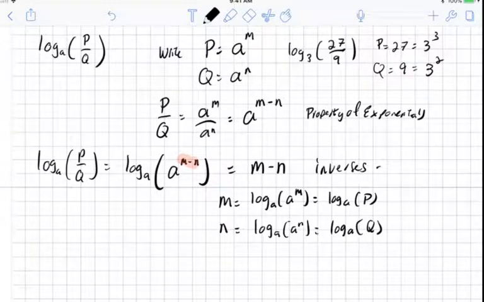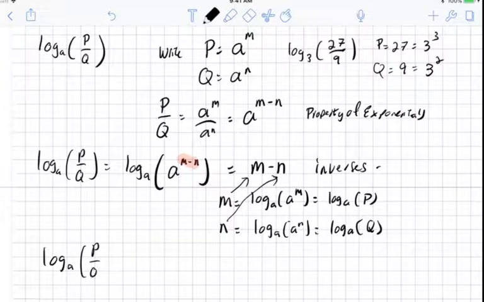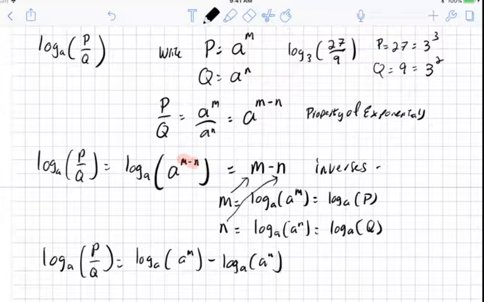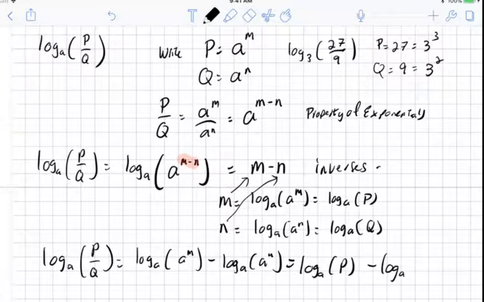And so the result here is that you can substitute these two back in and say log a of p over q is equal to log a of a to the m minus log a of a to the n, which is log a of p minus log a of q.